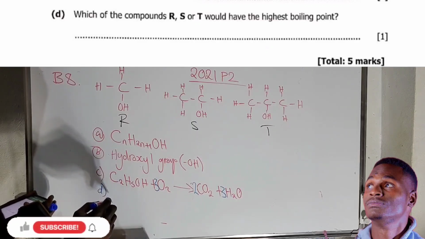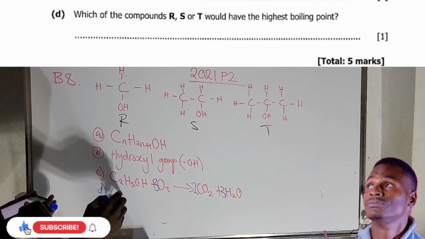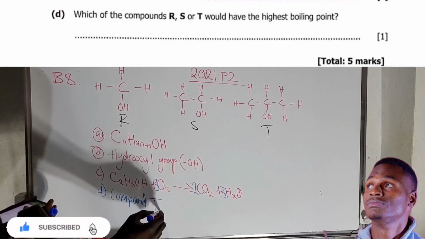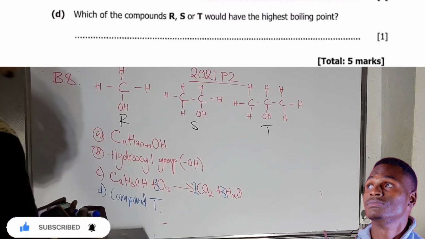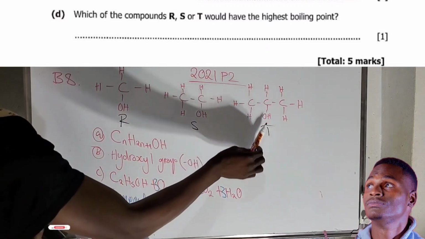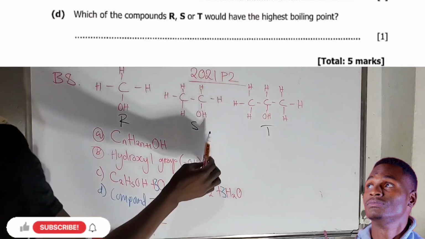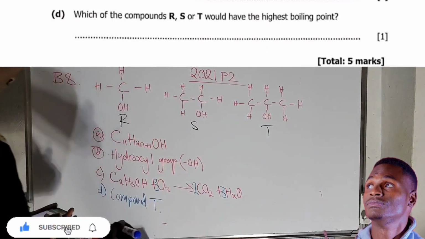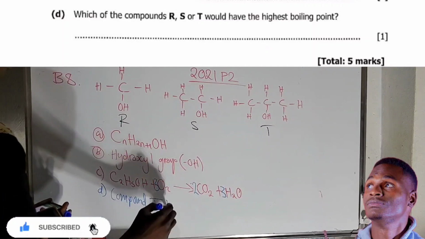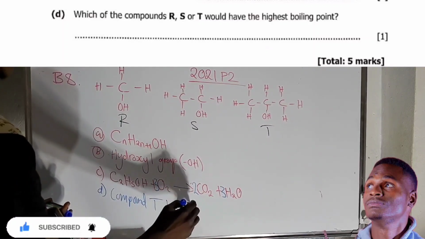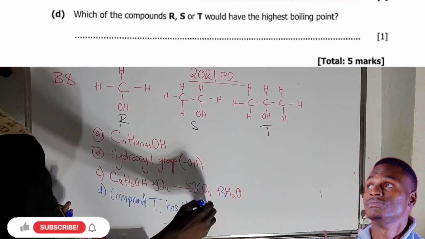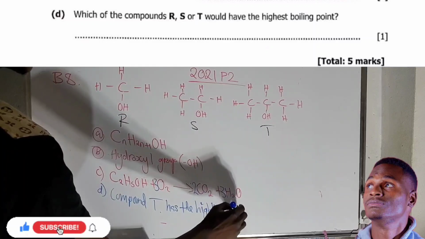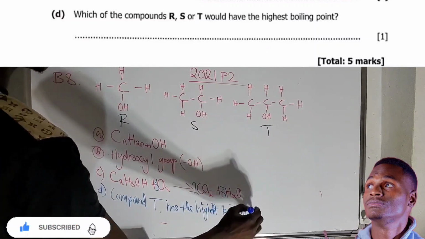So D, compound T. If they even said, give a reason for your answer, because compound T has the highest number of carbon atoms. 1, 2, 3, this is 2, this is 1. So compound T has the highest boiling point.